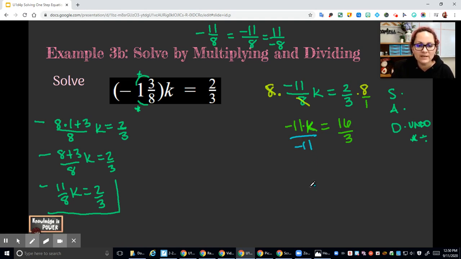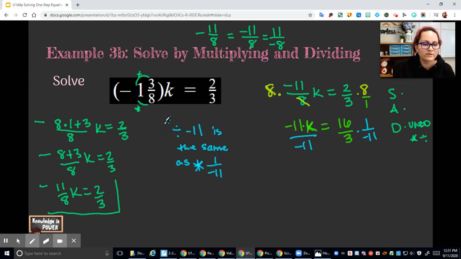And dividing by negative 11 is the same as dividing by a negative, like that. That's 1 over negative 11, right? Let me make sure that y'all understand. Dividing by negative 11 is the same as basically multiplying by 1 over negative 11.